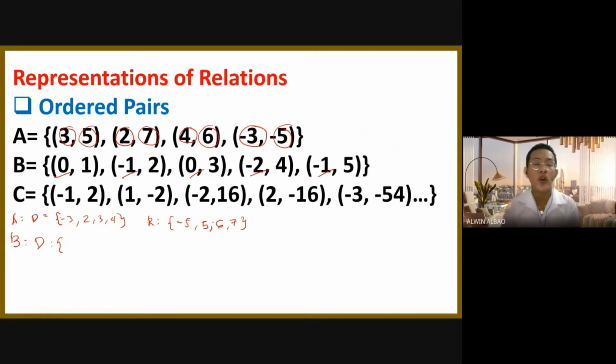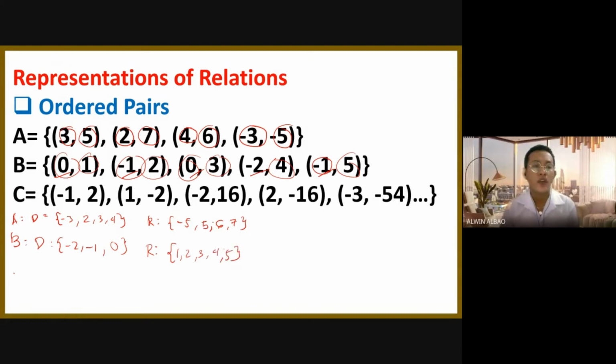So our domain is, let's start with negative 2, then followed by negative 1, then next is 0. Since there is no other value for the domain, that is all. And our range is 1, 2, 3, 4, and 5.